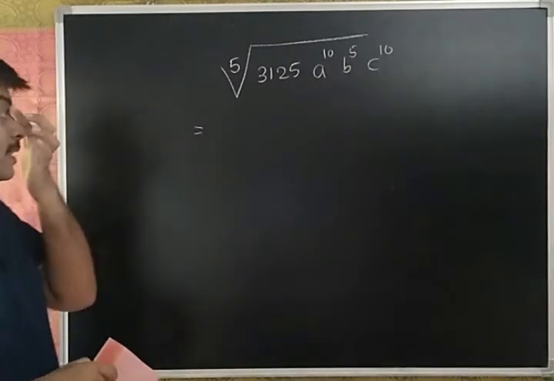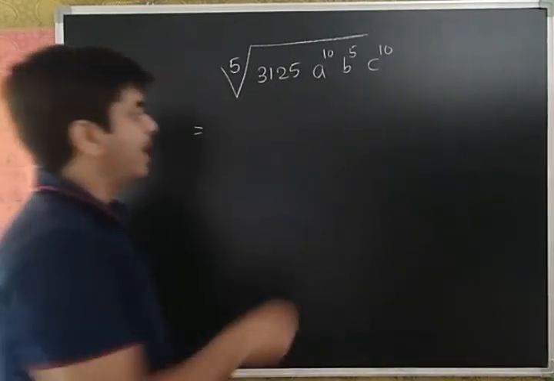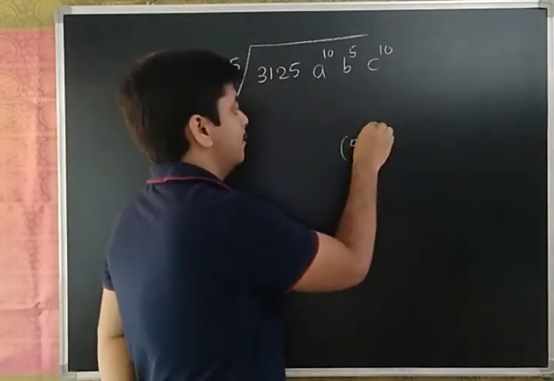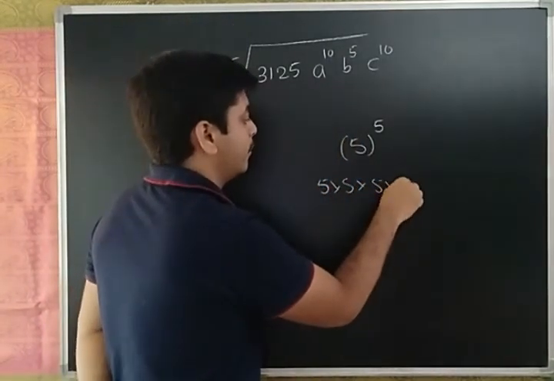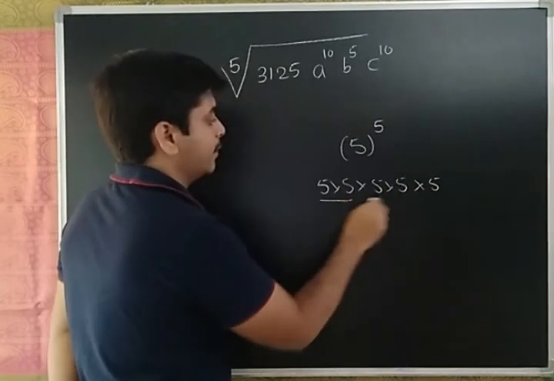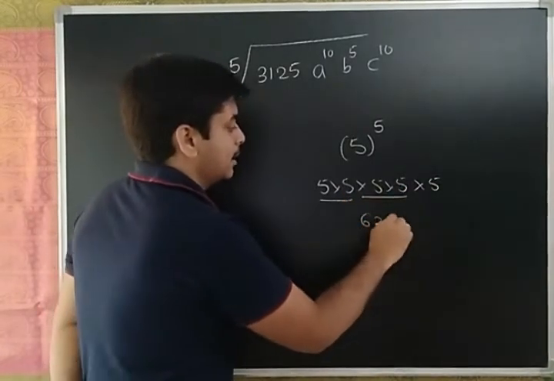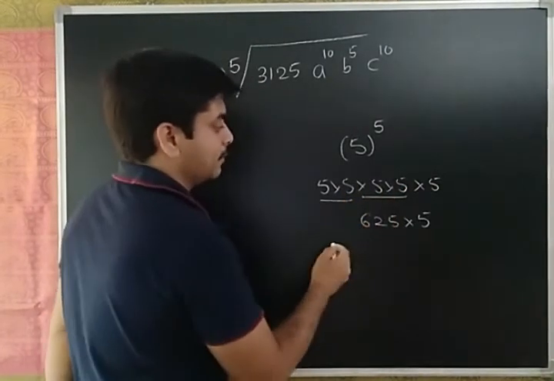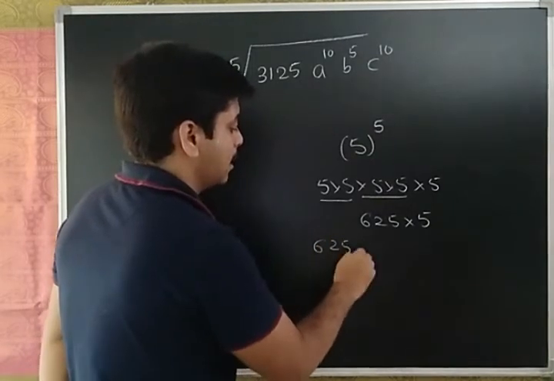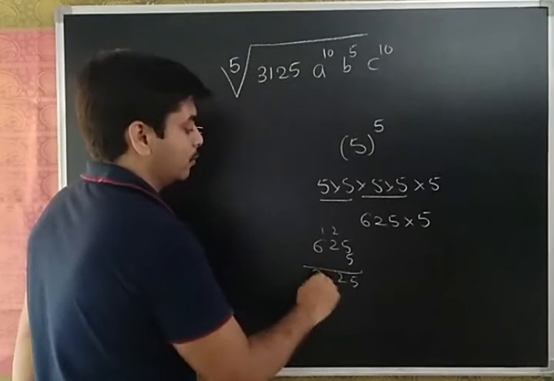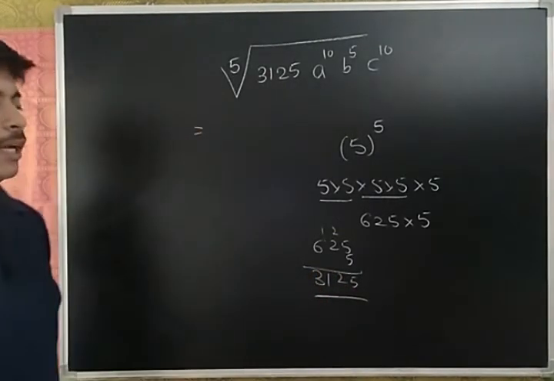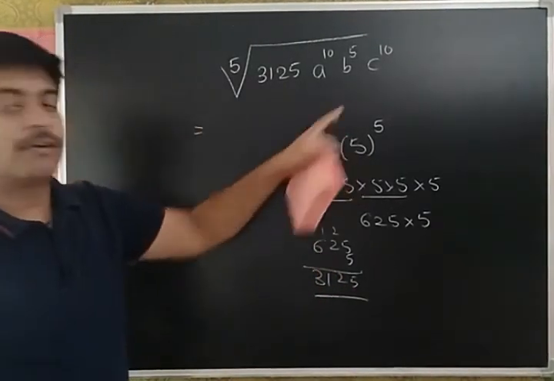Let us take 5 power 5: 5 into 5 into 5 into 5 into 5. 5 5 is 25, 25, 25, 625. 625 into 5, let us check this: 5 5 is 25, 5 2 is 10, 11, 12, 6 5 is 30, 3125. Yes, I got that it is equal to 5 power 5.